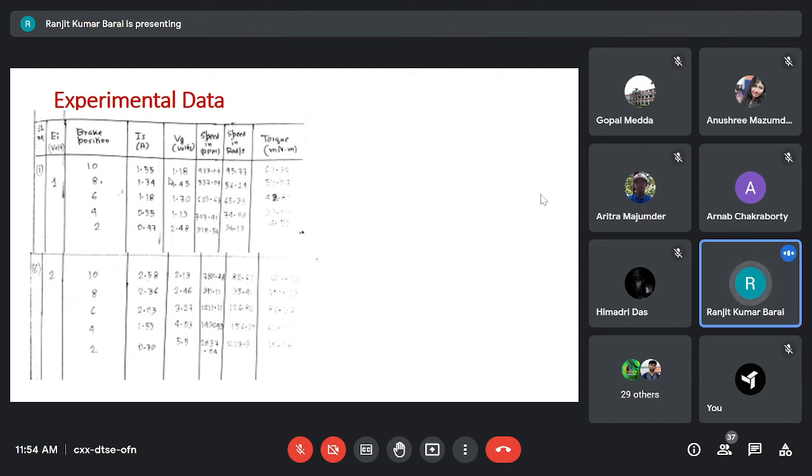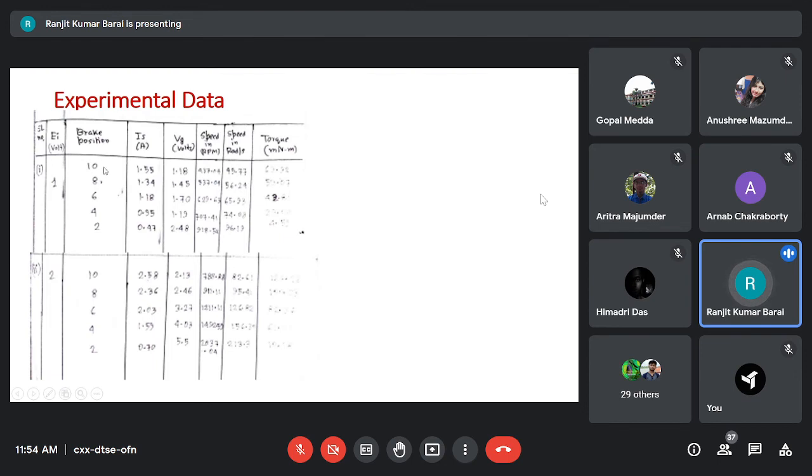At the beginning, it is very high braking torque, so high current. Gradually, we are decreasing the load as per the brake position. 10 is the highest brake position, where maximum braking torque is applied, and 2 is the lowest. See, the armature current is decreasing.